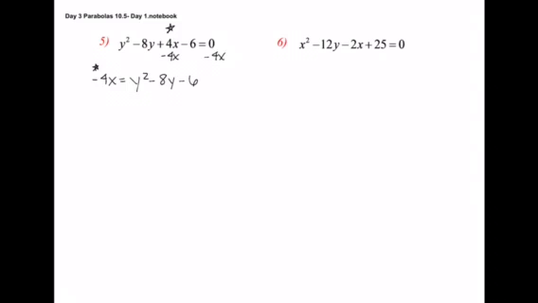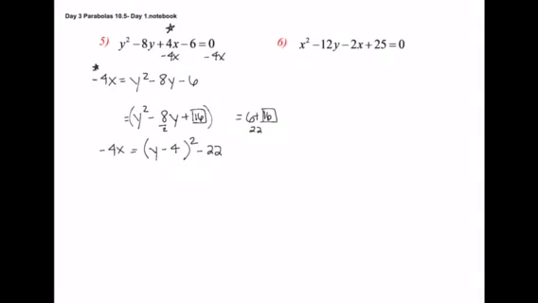But first, let's complete the square. So we have y squared minus 8y plus box equals positive 6 plus box. Our quantity of y, something squared, so b divided by 2 is negative 4. Negative 4 squared is positive 16. 16 plus 6 is 22. We need to subtract that 22 back over.